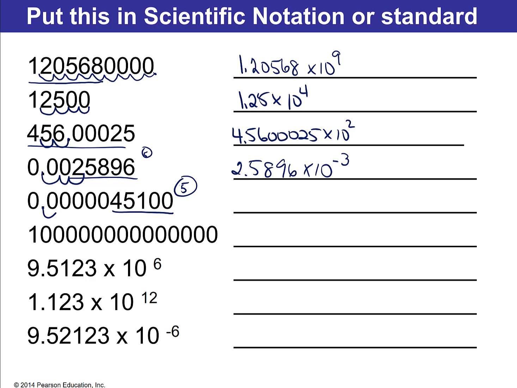So from here, 1, 2, 3, 4, 5, 6. So I'm going to move it 6 places. So 4.5100 times 10 to the minus 6. So that's just how many decimal places I had to move it. It's a number smaller than 1. So that's the negative exponent.